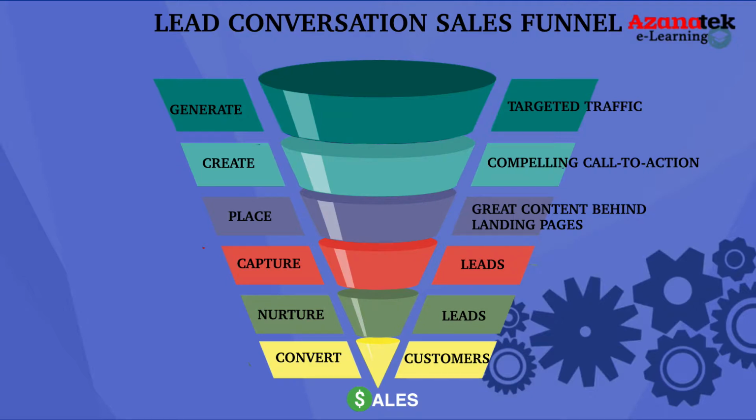We then nurture that lead over time and convert that lead to a customer, which then produces a sale. Typical sales process that we're all familiar with. So let's look at how automation can greatly improve on the efficiency of this process and save time while also increasing profits.